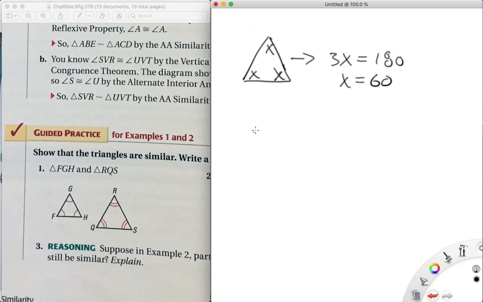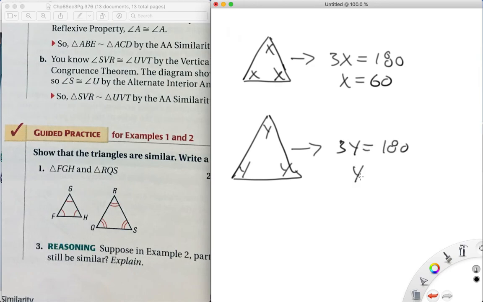If you look at the bigger triangle, we have y, y, y. We can say that 3y equals 180, and then y equals 60. So they all have the same angles. All three angles of the big triangle are 60.